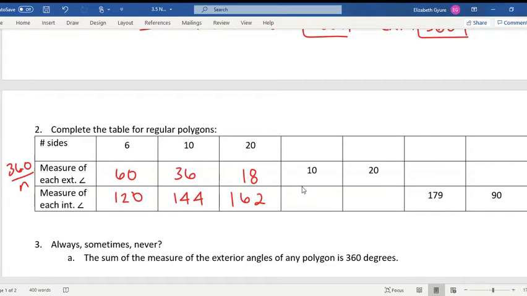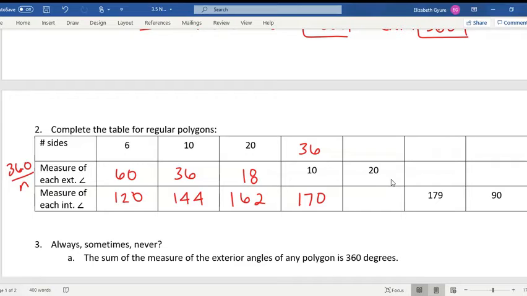And if you did 360 divided by 10, that means that there are going to be 36 sides. Because think about if you did 360 divided by 36, that would give you 10. Then to find your interior angle, do 180 minus 10. That's going to give you 170.